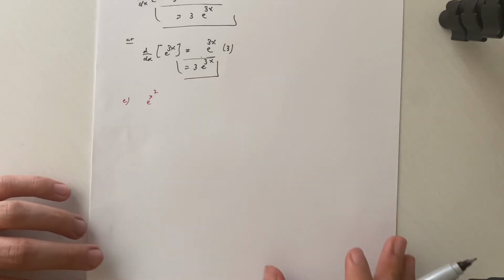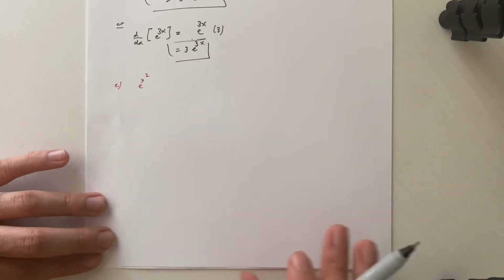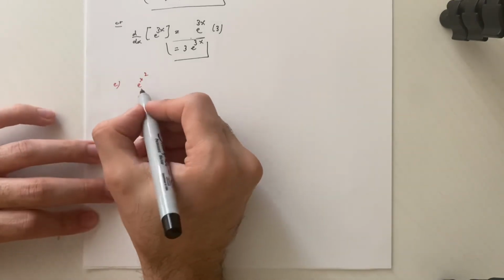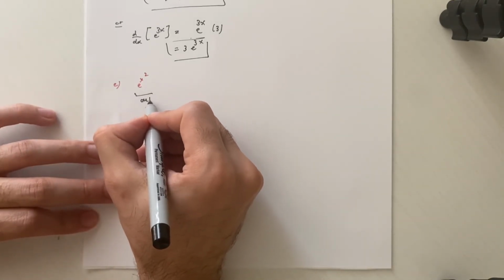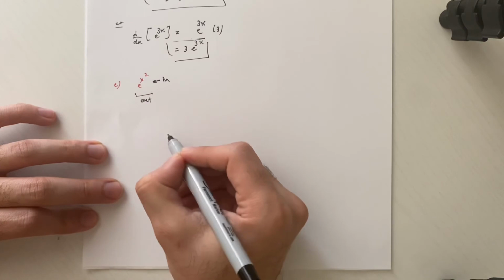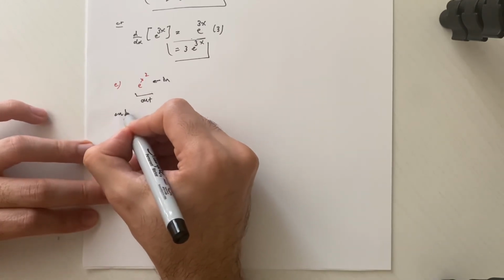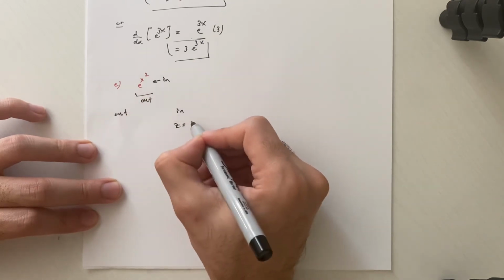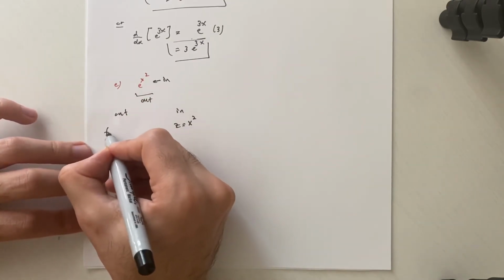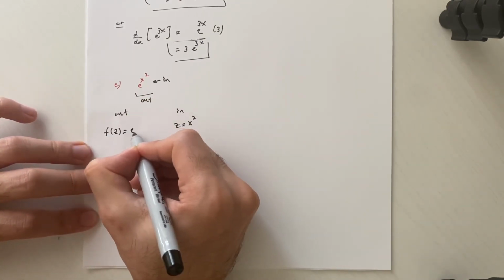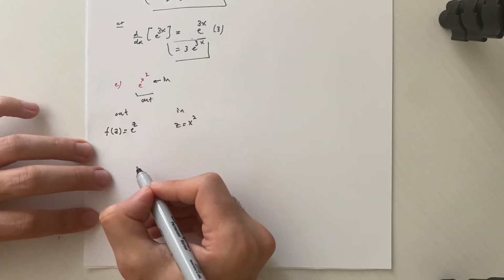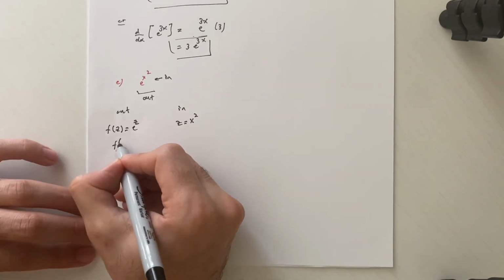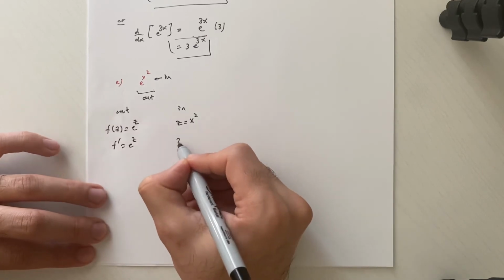Here we have this example, e to the x squared. We want to use the chain rule here. So first we have to determine what's the inside and the outside function. The inside function will be x squared, and that will be assigned to z. And we want to write the outside function in terms of z, so that will be e to the z. Now we take the derivative of each.